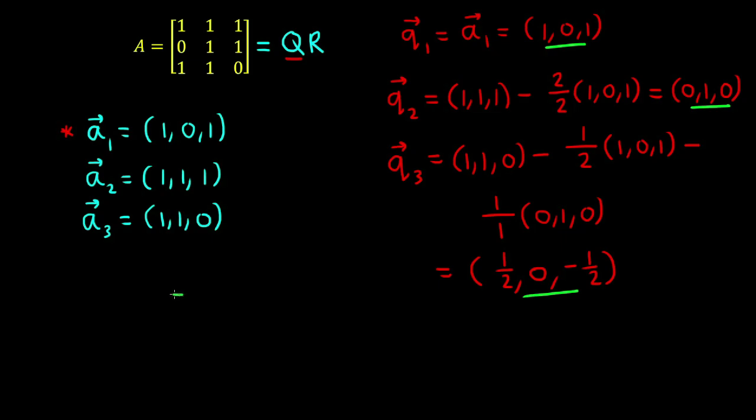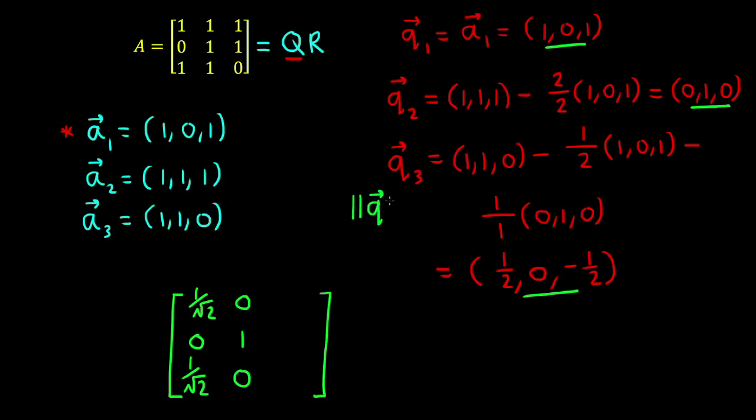And our matrix Q consists of the normalized vectors Q1 to Q3 in each column of the matrix. Normalizing Q1 gives 1 on root 2, 0, and 1 on root 2. Normalizing Q2 gives 0, 1, 0. And if you take the norm of Q3, you'd get the square root of 1/2 squared plus 1/2 squared, which is the square root of 2/4 or 1/2.